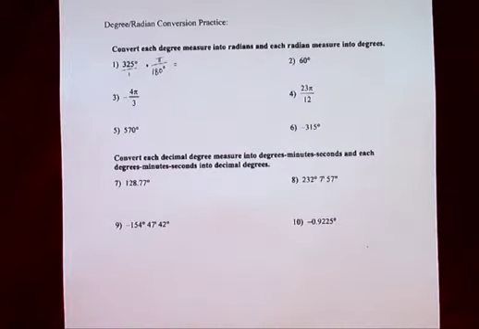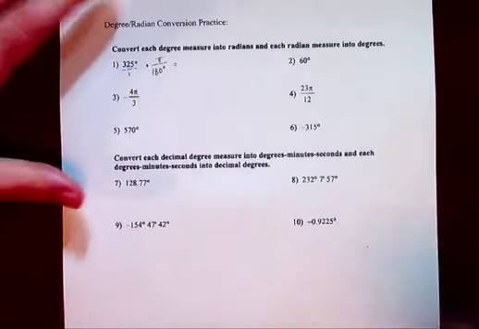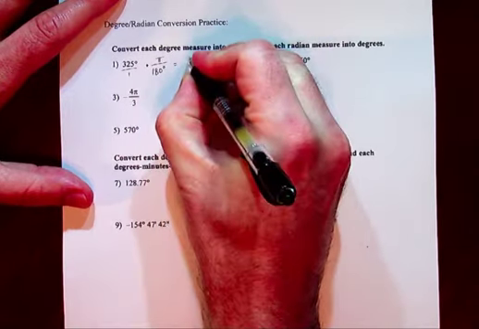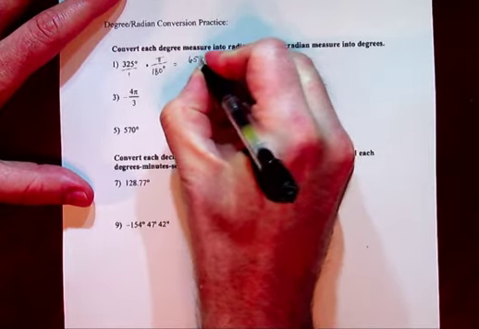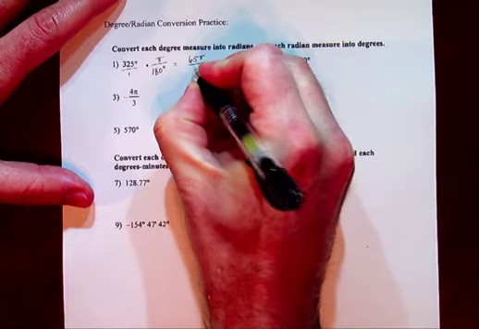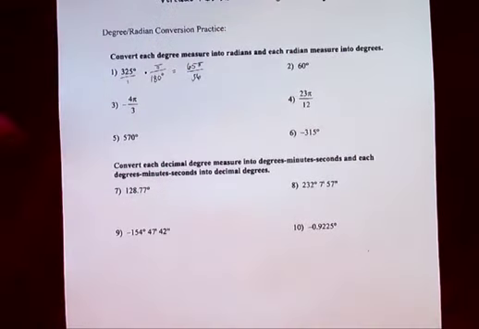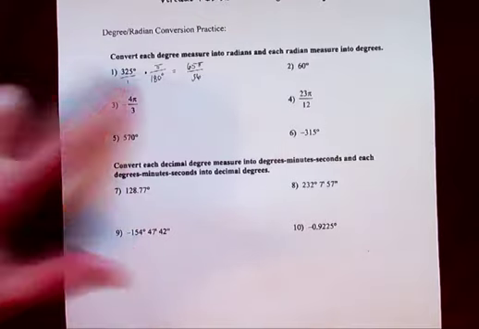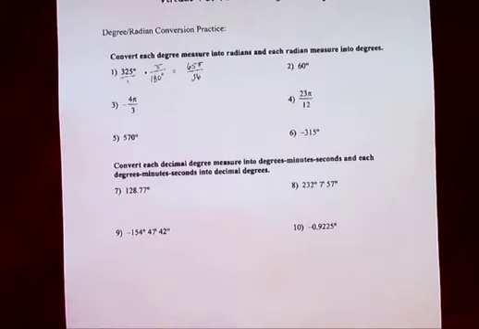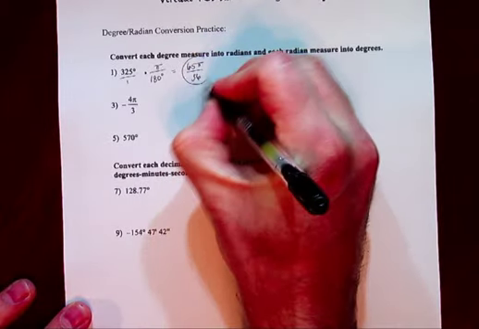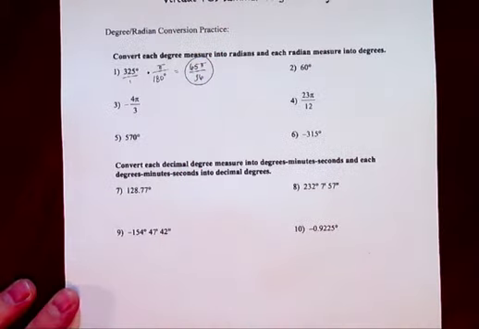If we reduce it, we wind up getting 65 pi over 36, okay? And all that says is that the only common factor those two had was 5. So it was 325 pi over 180. They both had a common factor of 5. It reduced to 65 pi over 36.